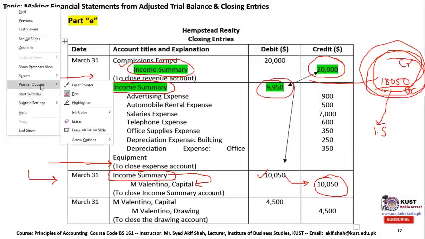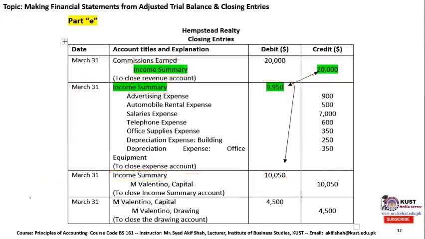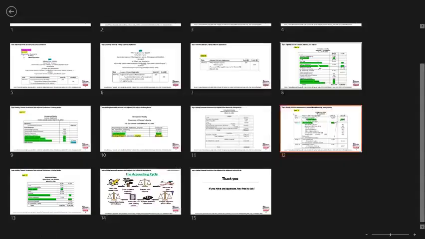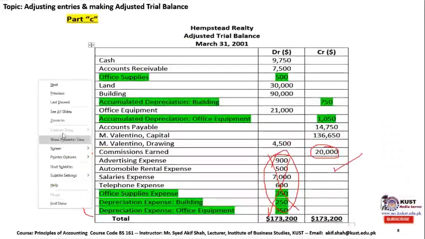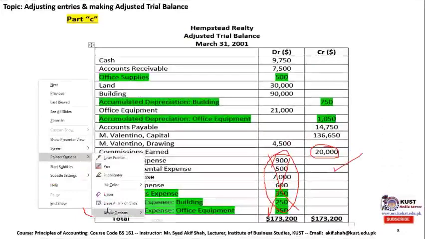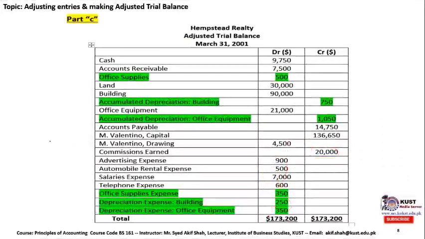After closing down the three main entries, we have to finally close our drawing or dividend section, for which we have to go back to the adjusted trial balance. Here we are once again in the adjusted trial balance, and we have to close down another final temporary account if drawings are there or if certain dividend payments are there.